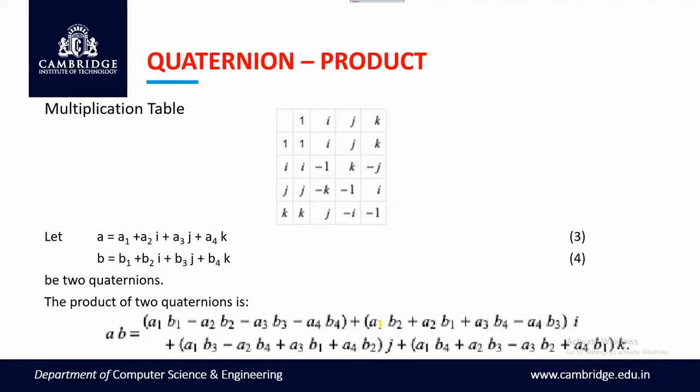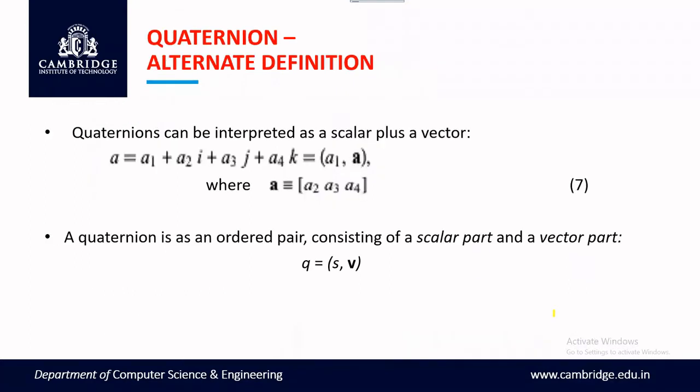The imaginary part is A1 B2 plus A2 B1 plus A3 B4 minus A4 B3, the whole thing into i, and so on. This seems to be very large, but we will see an easier representation for this product or multiplication. Right now, this is a formula that is used for quaternions.